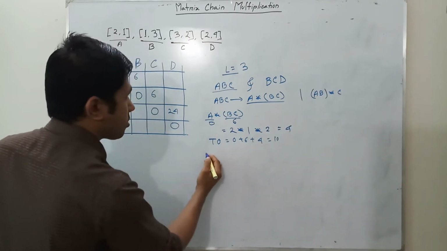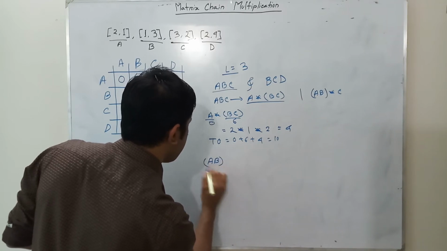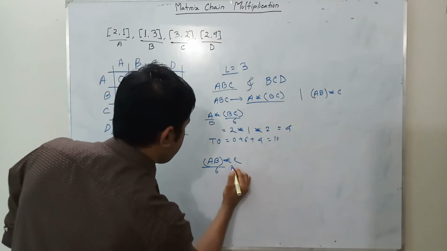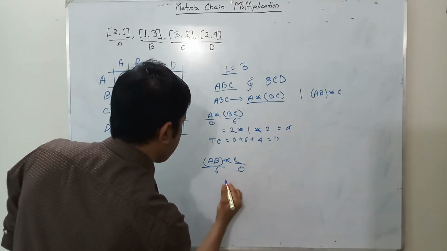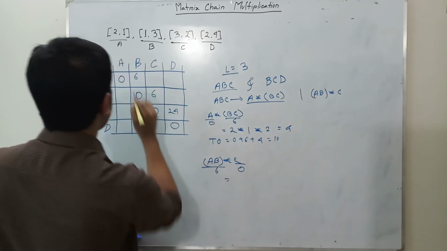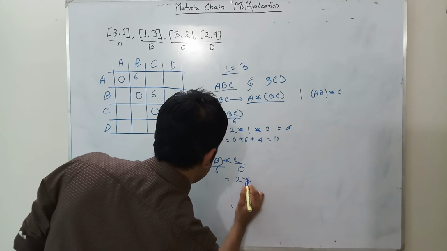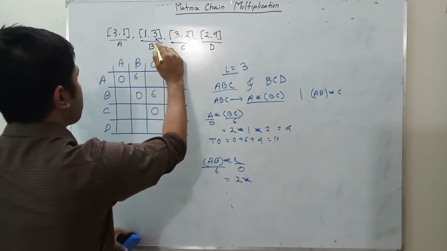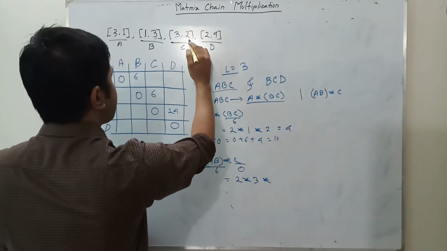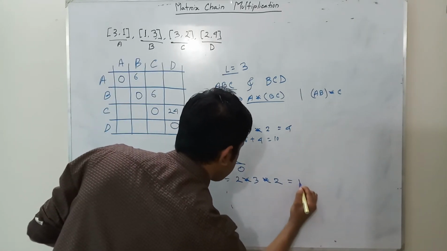Now we will see how many operations are needed if we first multiply A with B and then later with C. Here we know for AB the value is 6, for C the value is 0, and for the multiplication cost we need AB's number of rows 2 into AB's number of columns 3 into C's number of columns 2 equals 3, 6, 12.